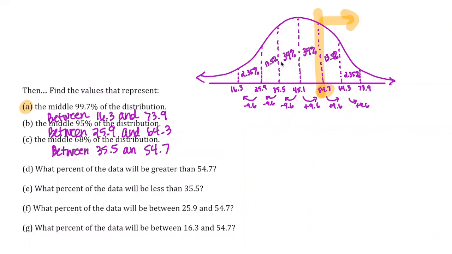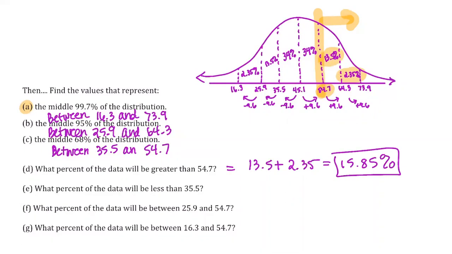We want to total up the percentages that are in that specific category. So greater than 54.7, that means we're going to work with 13.5 and 2.35. So 13.5 plus 2.35 is going to leave me with 15.85% of the data under that part of the curve.